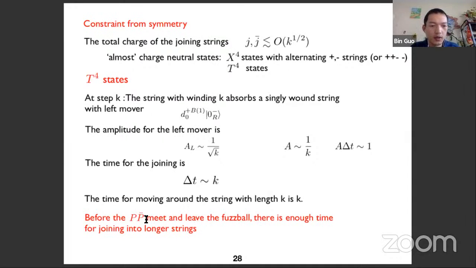So that means before the PP bar meet and leave the fuzz ball, there's enough time for the joining into longer strings, because these two energy scales are comparable.